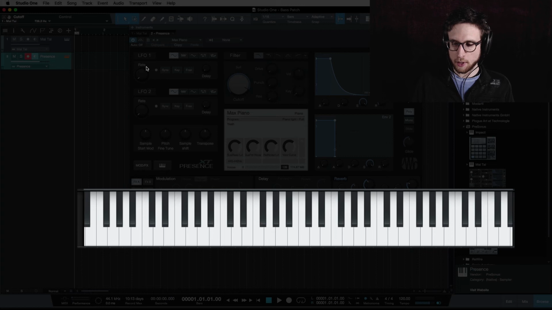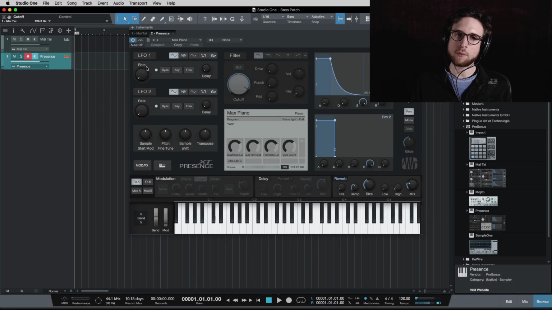Or I could come up with different rhythms that are separate from the rhythm the chord's playing. So it could be, add octaves in.